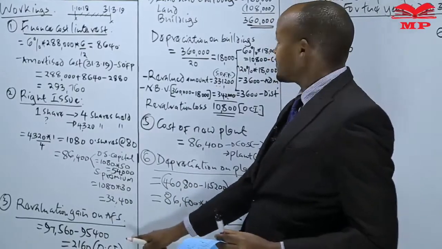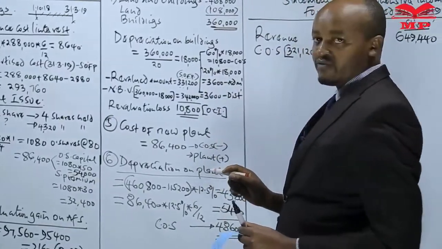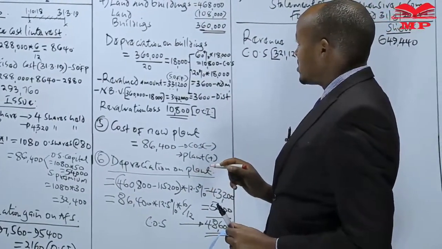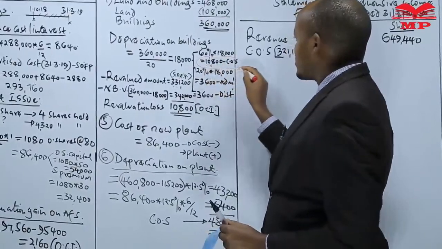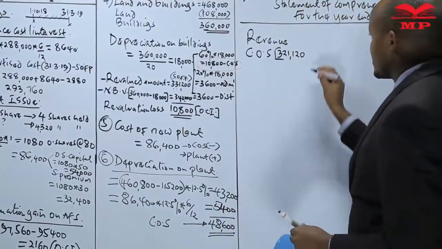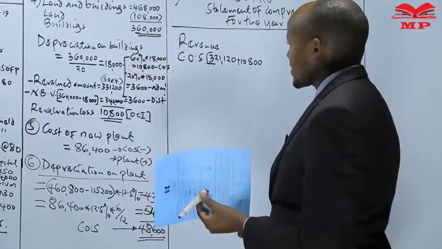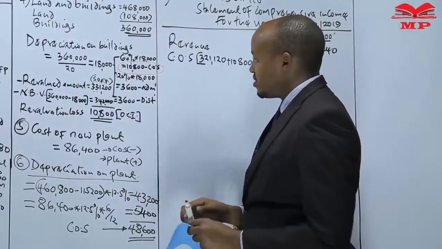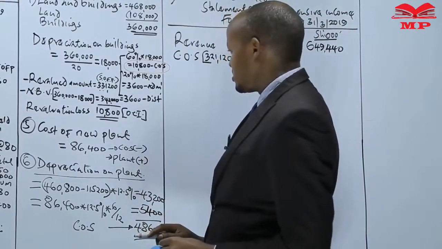Still working 3. But working 4 here, we do have part of the depreciation on buildings, which should be included as part of the cost of sales, and that is an amount of 10,800. Still, we have this depreciation on plant.